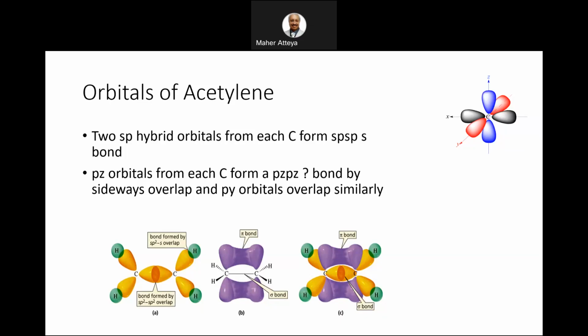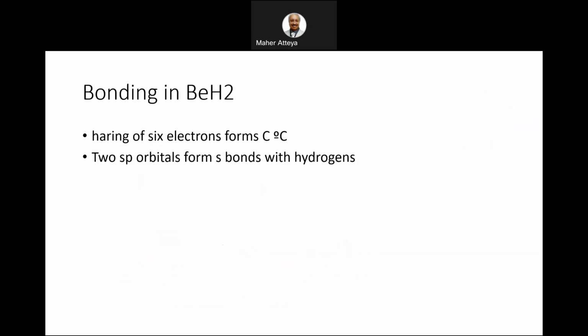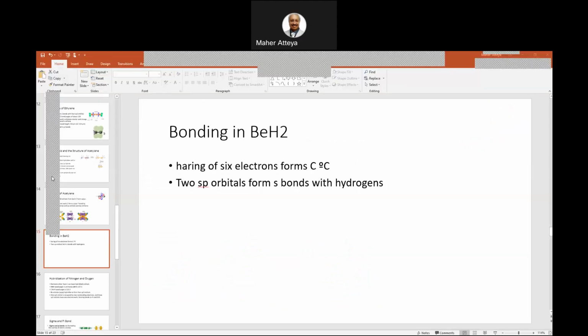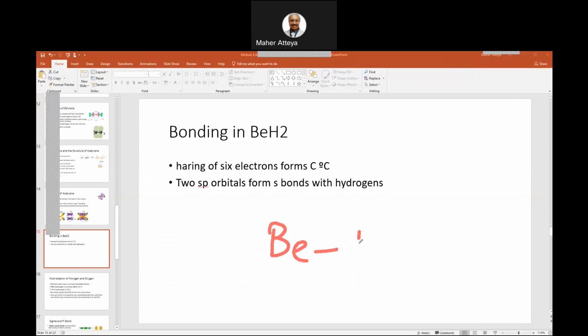So let me take this one here. What will be the bonding of beryllium hydride? So we have beryllium here. Although it's a metal, sometimes it can make bonds.